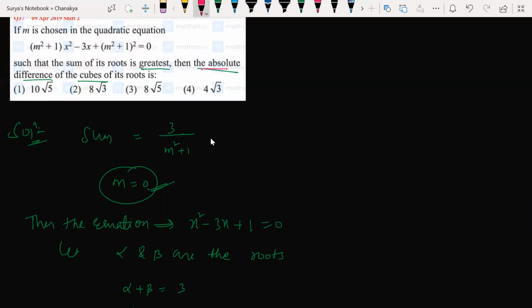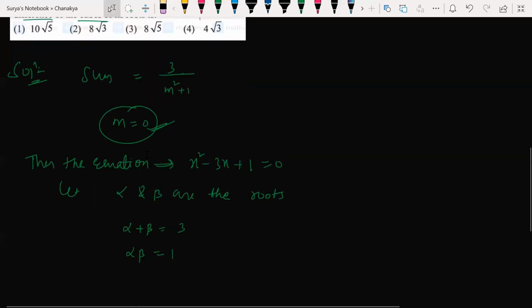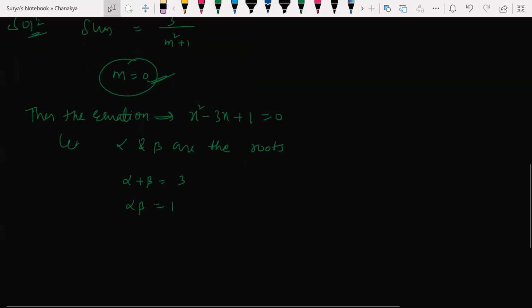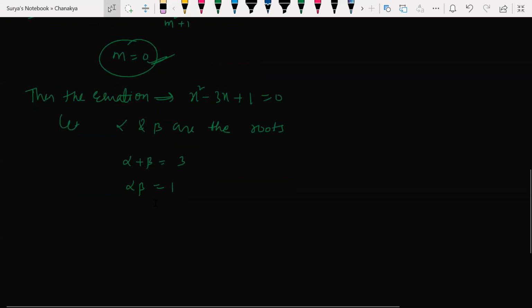The absolute difference of the cubes of its roots. Absolute means we have to take the modulus. He's saying absolute, so we have to take modulus. So now, how can this be written?